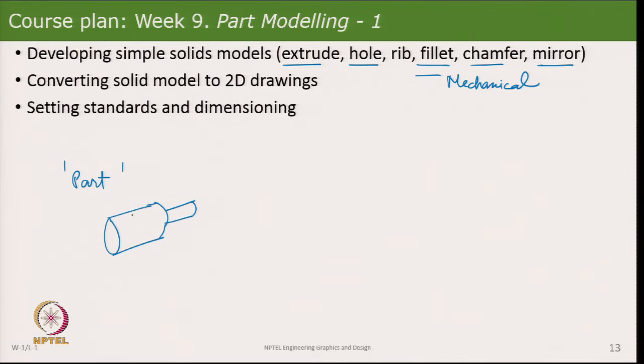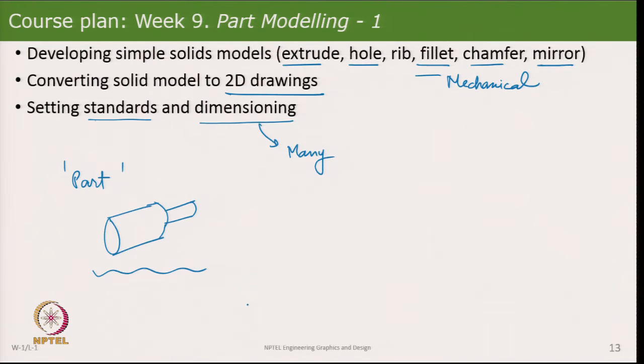Then you will also come across how to convert a solid model, which would be say like this, into 2D drawings, orthographic projections. And then we will see how we use standards for dimensioning. Again, there are many ways in which you can dimension a part.